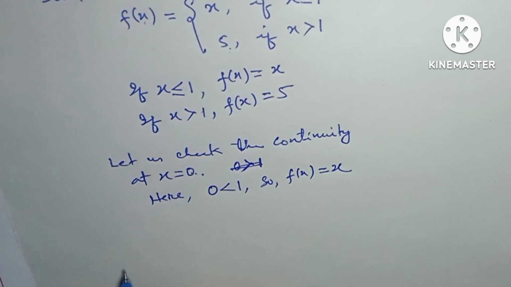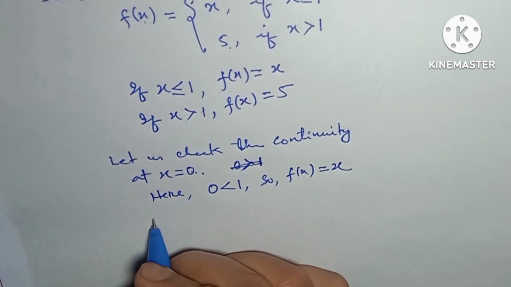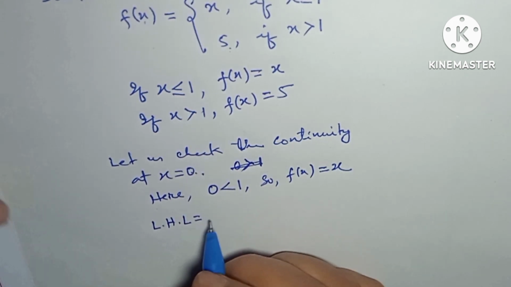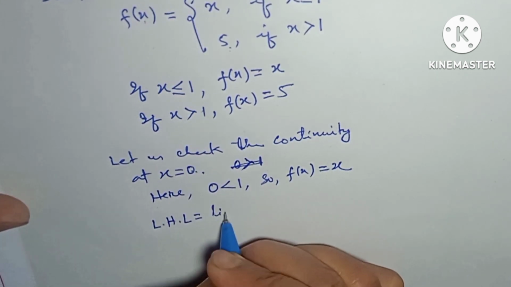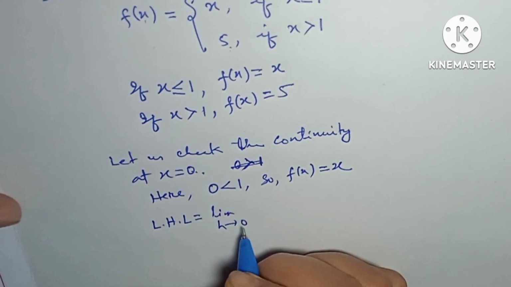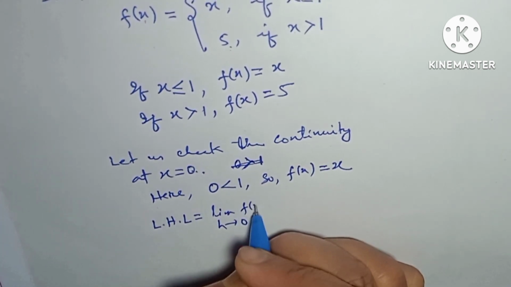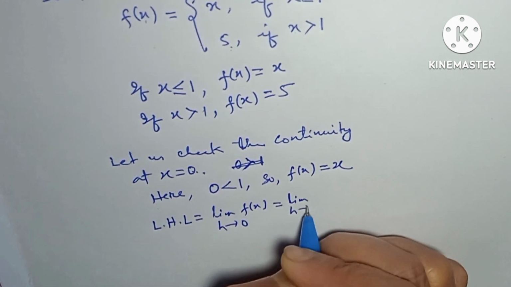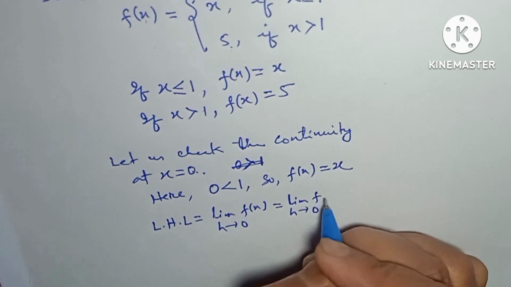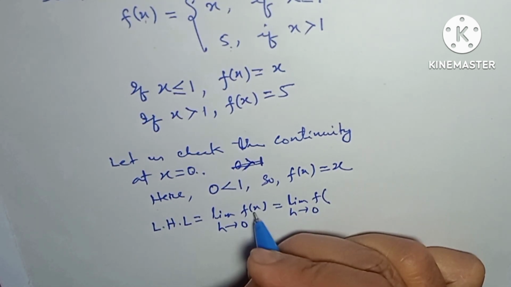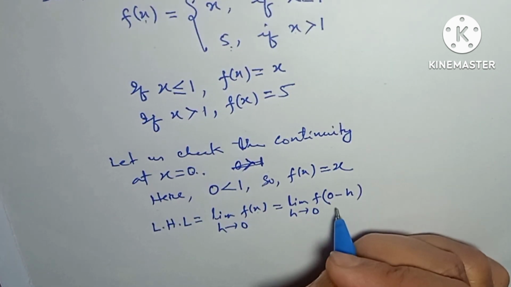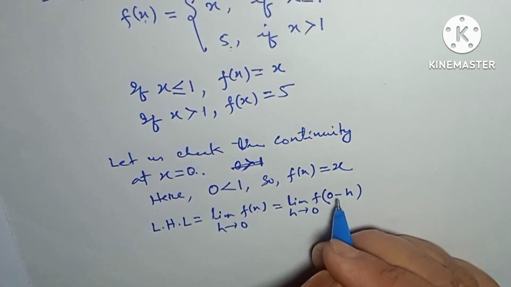Let us find the left hand limit. Left hand limit is equal to limit x approaches 0 f of x, which is f of 0 minus h, from the left hand side.